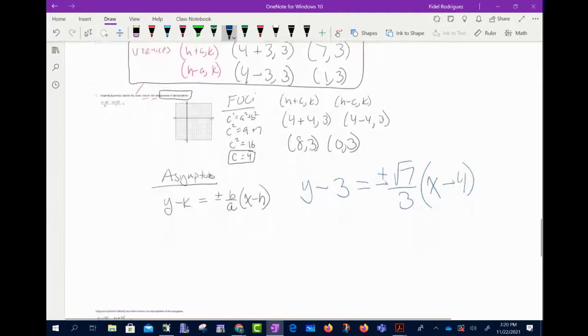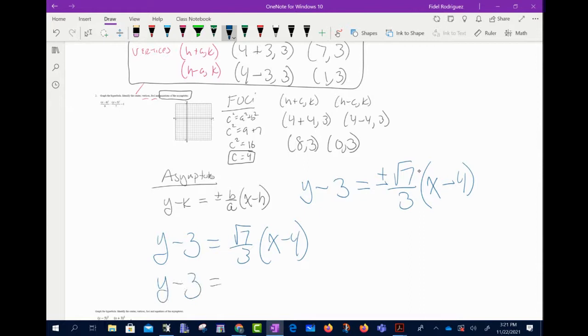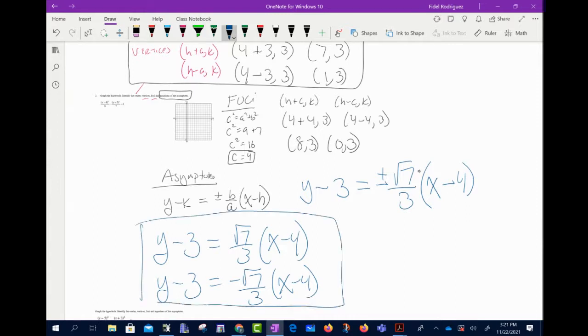So I really have two equations here, y'all. The first one is y minus 3 equals the square root of 7 over 3 times x minus 4. And the other one is y minus 3 equals the negative square root of 7 over 3 times x minus 4. Those are my asymptotes.